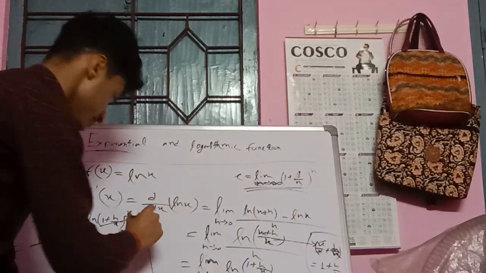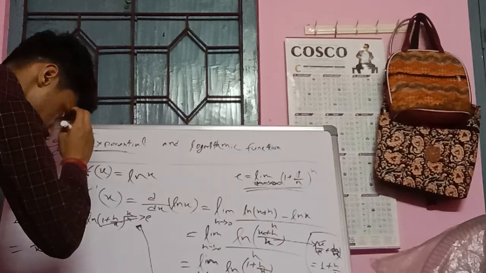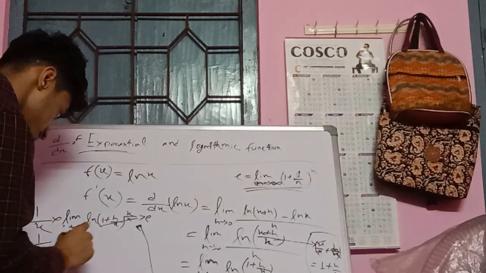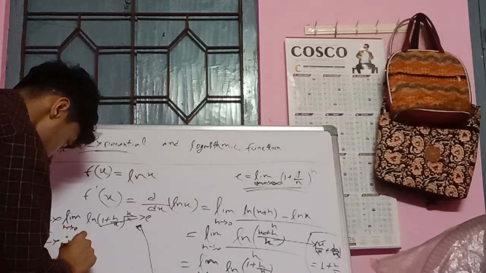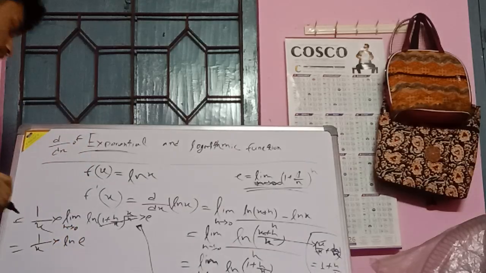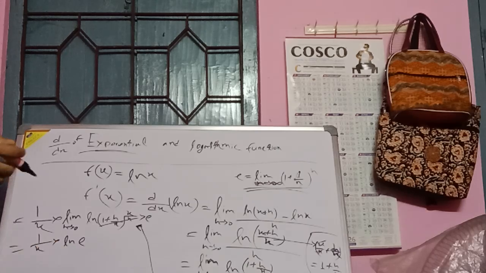Now what would this become? This would become e, so we don't need the limit anymore. This would just become ln of e. Now what is ln? Ln is the natural logarithm. This is a logarithm with a base e.